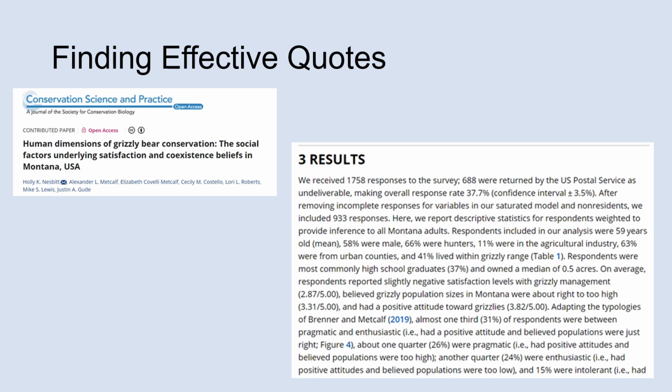I don't know about you, but when I see a big block of numbers, my brain kind of just goes blank. Those numbers in themselves are not necessarily very persuasive for me up front. I want a little bit more writing, a little bit more rhetoric that tells me what these results mean and what I should take from them.